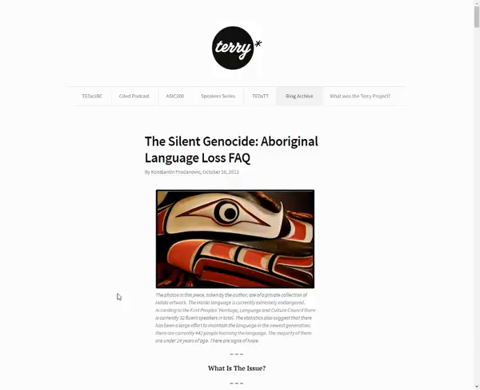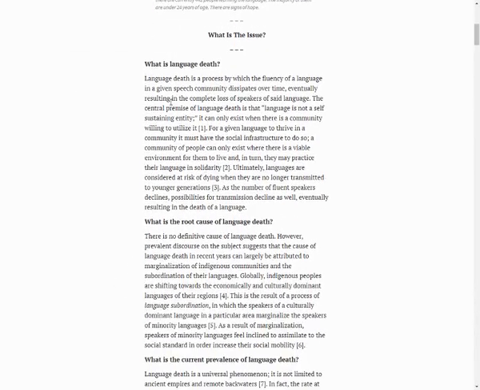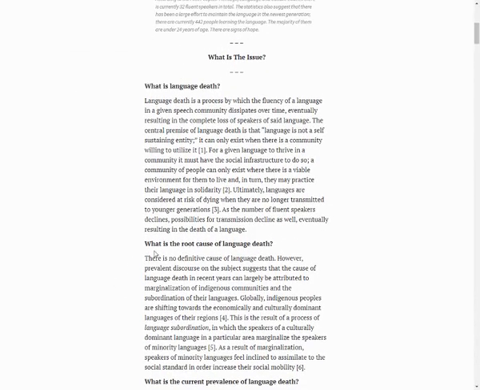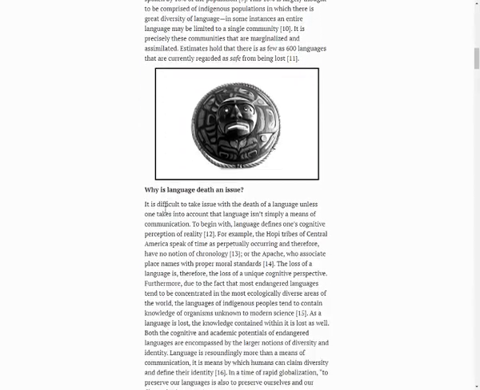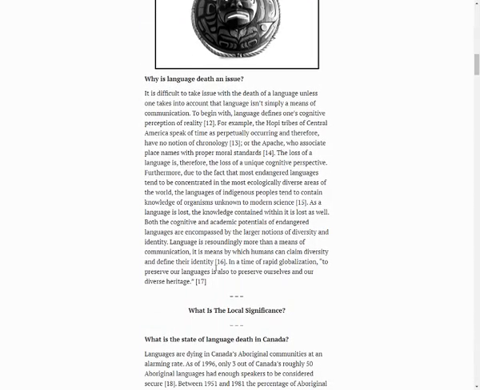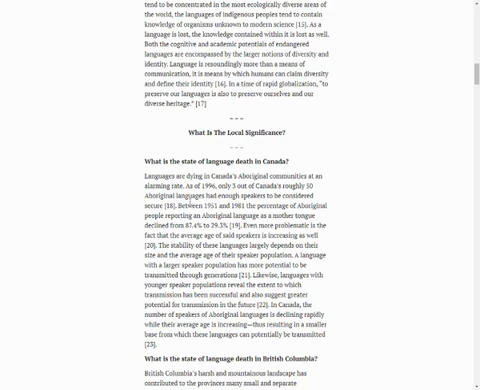And then for reconciliation, I'd literally go through here and I'd look at the idea of language death, the root causes of it, and I would pull out my favorite sentence. So let's say I like this sentence. Languages are dying in Canada's Aboriginal communities at an alarming rate. As of 1996, only 3 out of Canada's roughly 50 Aboriginal languages had enough speakers to be considered secure.